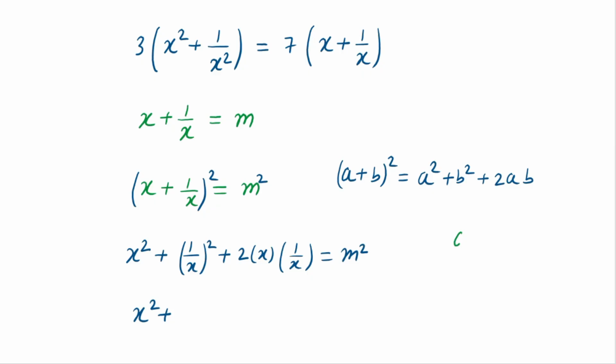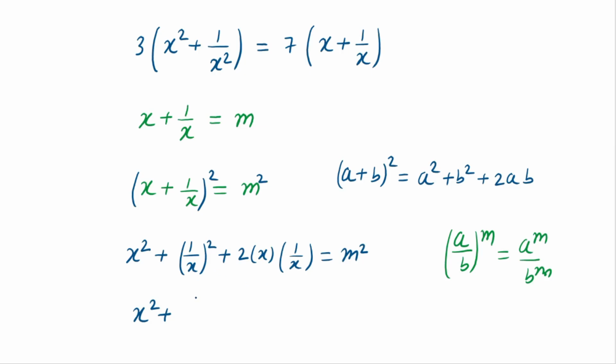We know that (a/b)^m is equal to a^m divided by b^m. Here this 1 behaves like a, this x behaves like b, and this 2 behaves like m. So this expression is (a/b)^m, and we can write it as a^m divided by b^m.